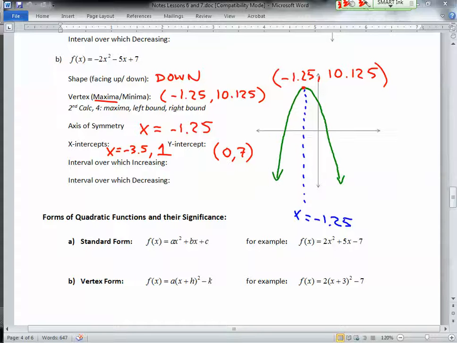So let me go ahead and put those on the graph up here. My x-intercepts, negative 3.5 comma 0, 1 comma 0, and my y-intercept right up here at 0 comma 7.